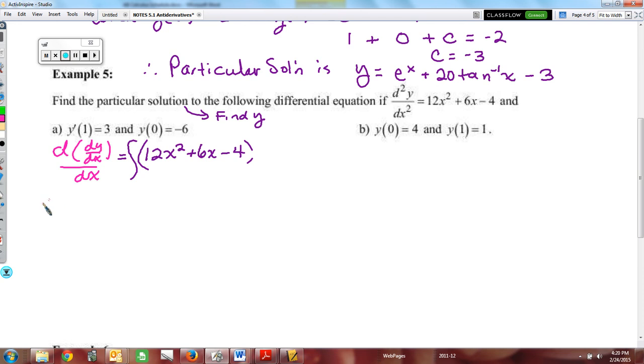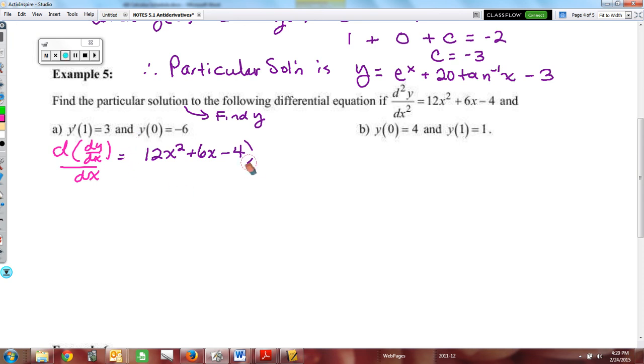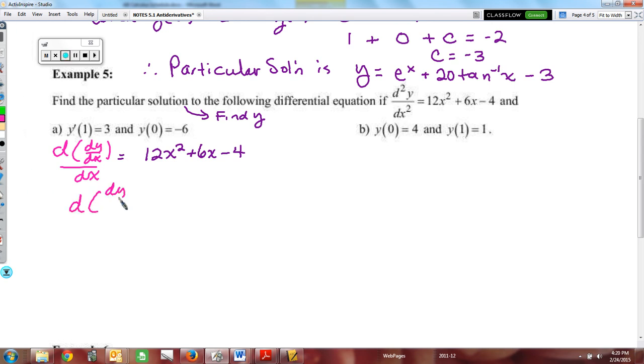So I want to back up and be a little bit clearer: when I want to separate this, I'm taking the derivative of dy dx, which is 12x squared plus 6x minus 4. So I separate the first dx to this side. Okay, and so then we integrate.